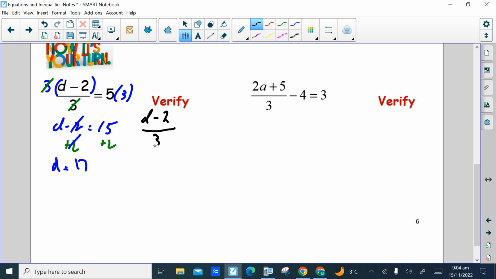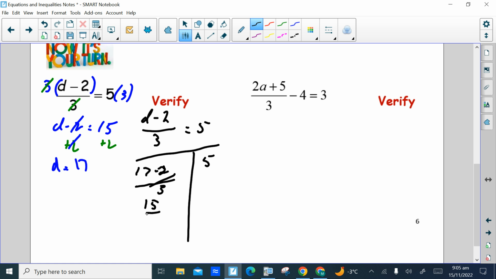So that's what we're going to put in our check. 17 take away 2 all over 3. 17 take away 2 is 15. Divided by 3 is 5. So it checks. We've just shown that our answer is correct. Okay, try that next one on your own.